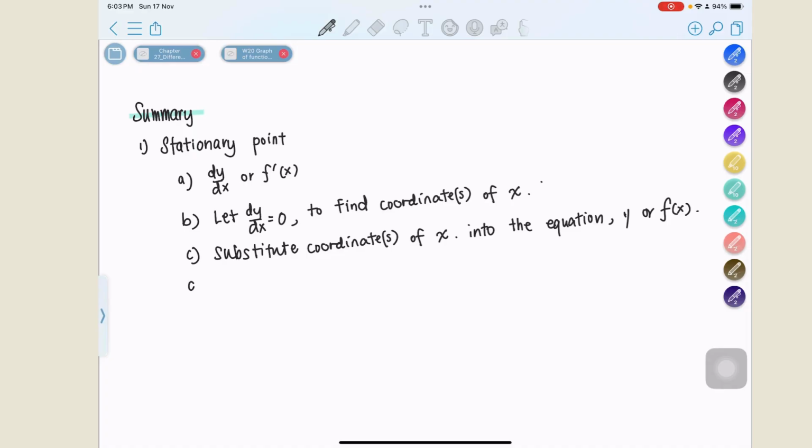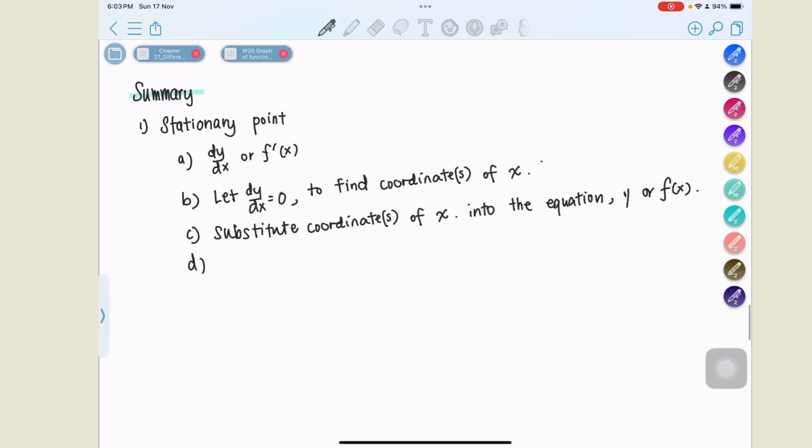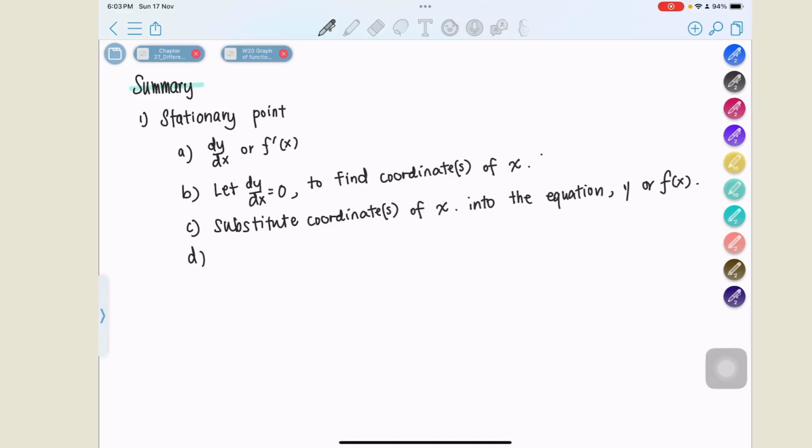D, after we work all this out, we form the value of x in an xy coordinate. That is for the stationary point.